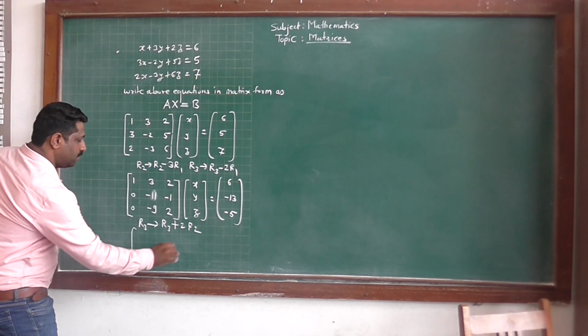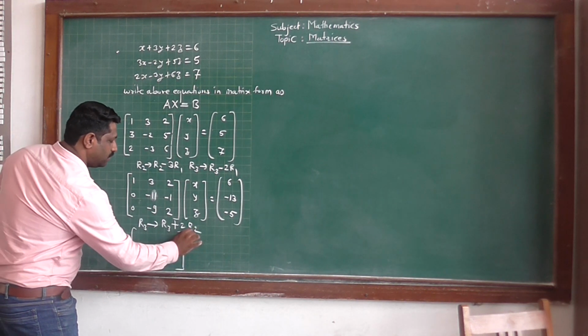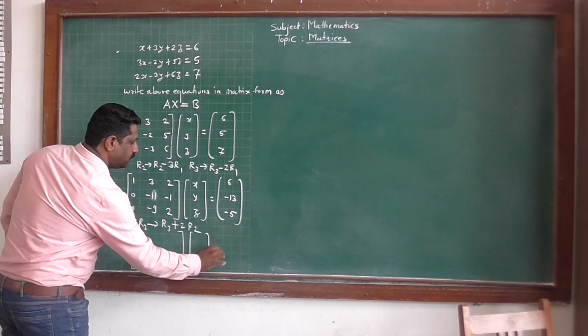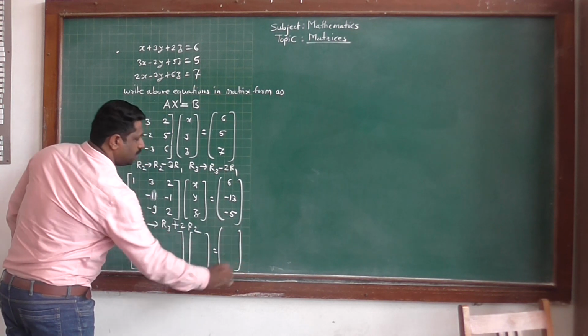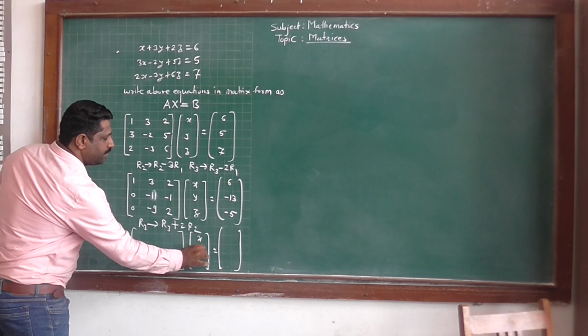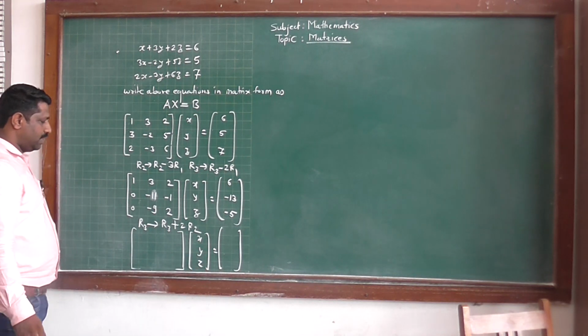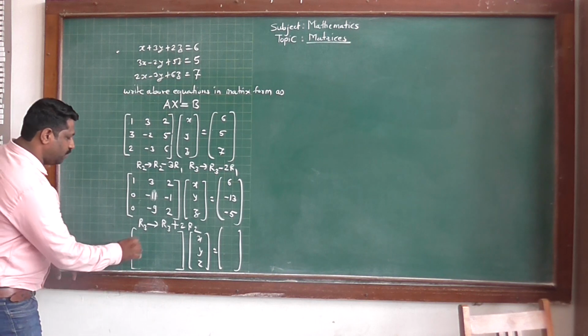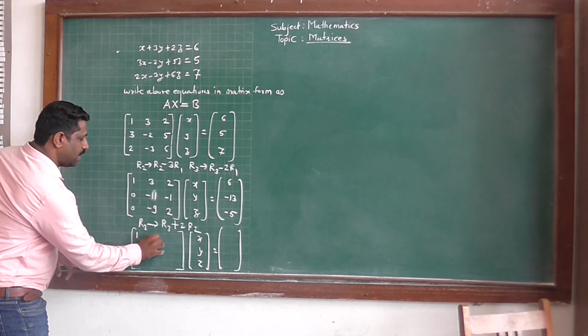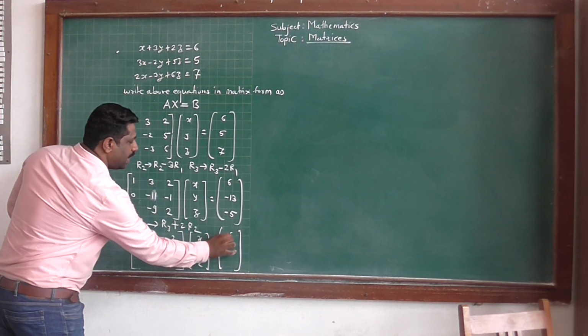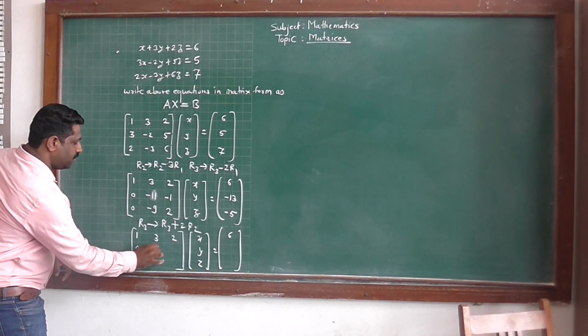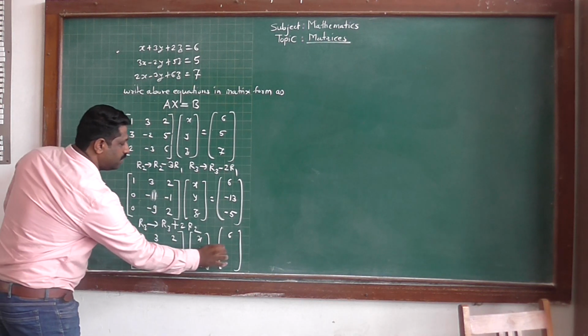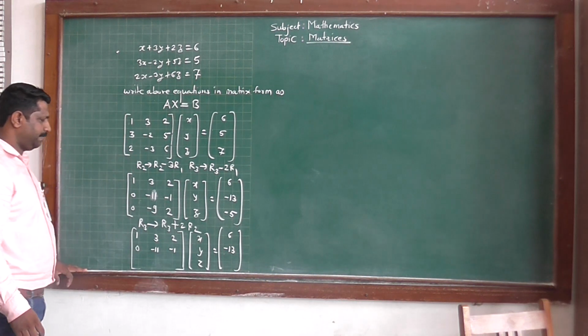So therefore, here is the matrix of variables x, y, z. There is a change in R3. So first and second rows stay as they are, and the third row is 0, minus 1, minus 30.